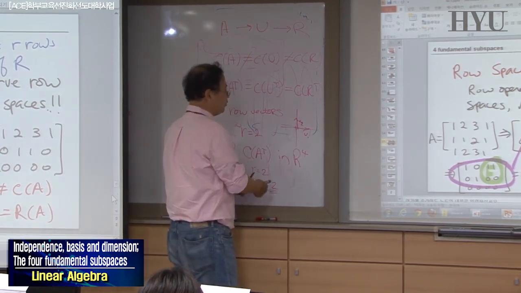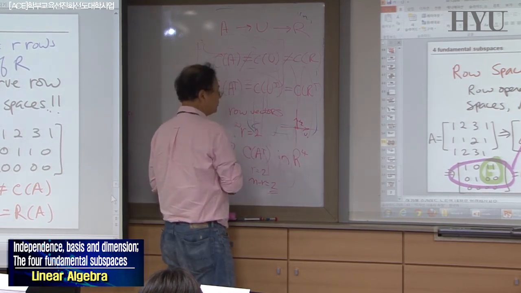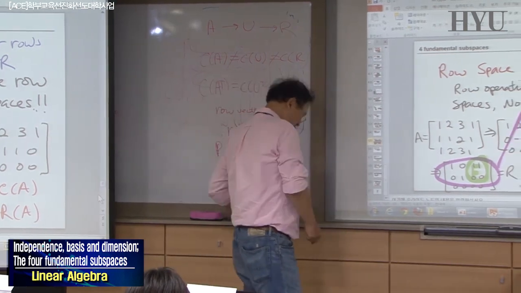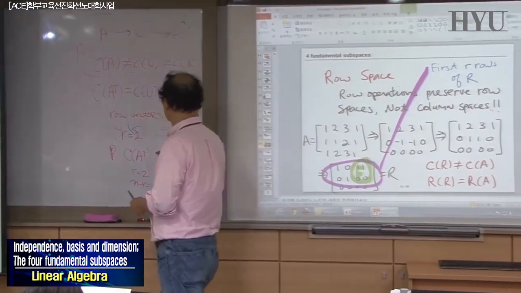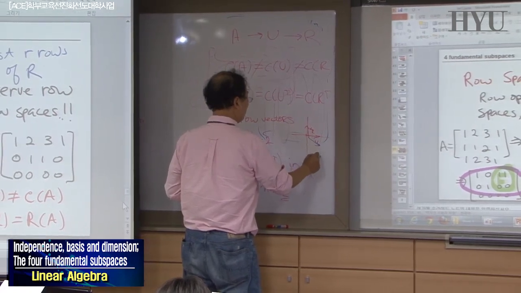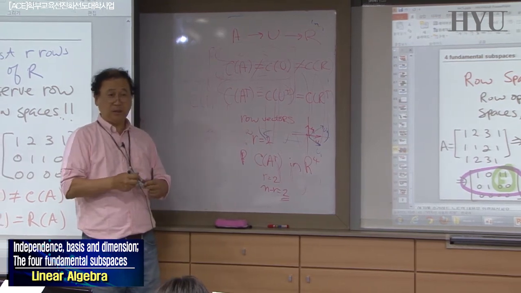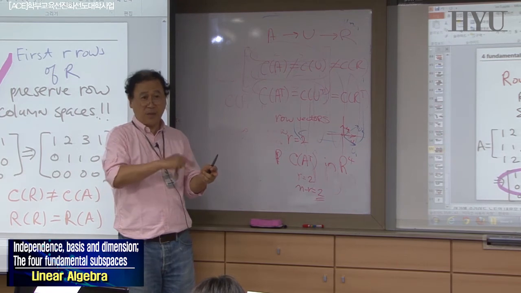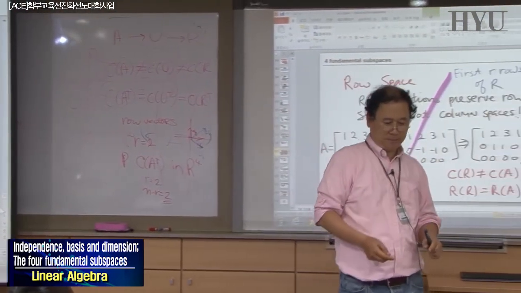Another one, I can say U1 and U2 is another set of basis vectors, right? Even though the bases are different, they span the same space. Okay? So this is the basic concept.